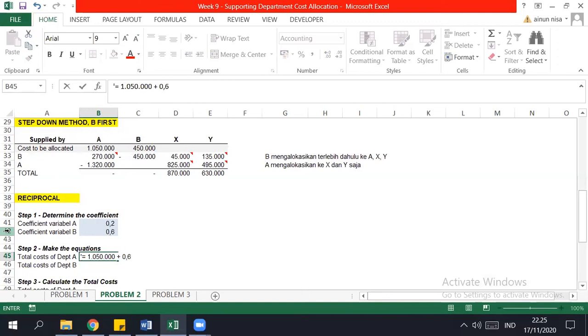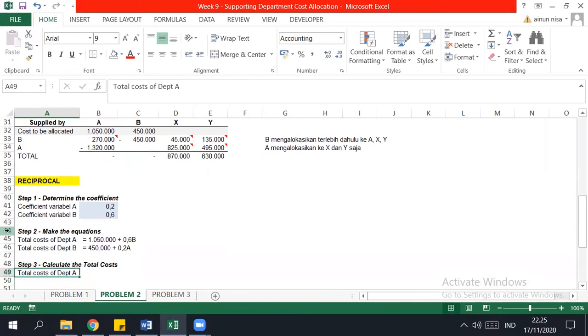While the equation for total cost of department B is the original cost of department B, which is 450,000, plus 0.2a. That is the equation.